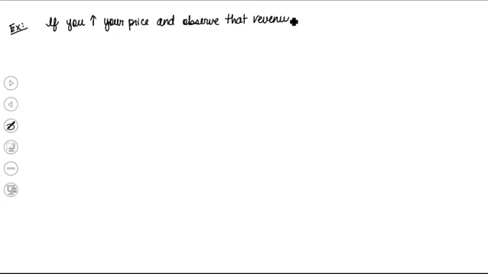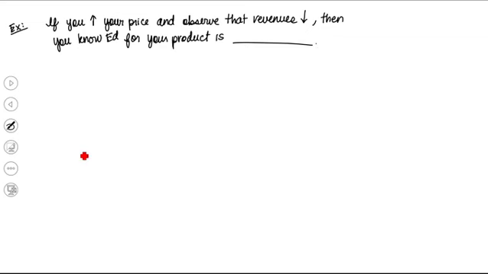So you had some problems last night that said basically things like, if you increase your price and observe that your revenues are going down, then you know elasticity of demand for your product is blank. Everybody take a second and answer that question.